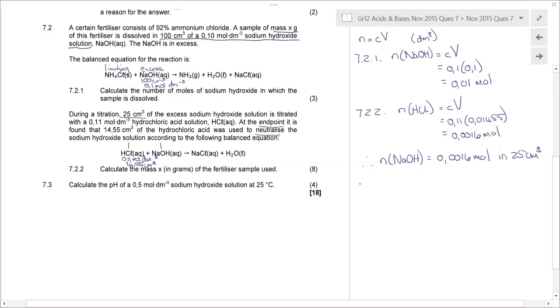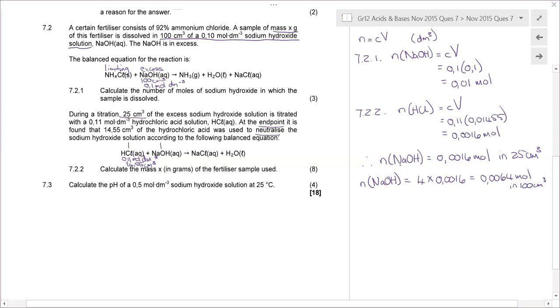So I want to know how many moles of sodium hydroxide were in excess in the 100 centimeters cubed. 25 centimeters cubed is a quarter of 100, so I'm going to multiply these moles by 4 to get the total number of moles in excess in the 100 centimeters cubed.